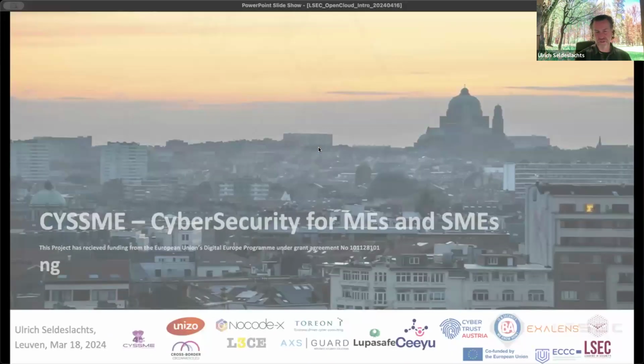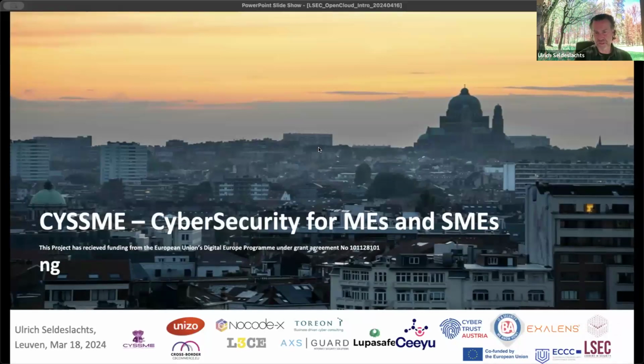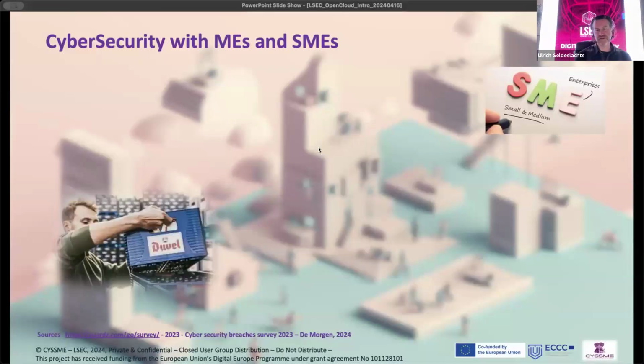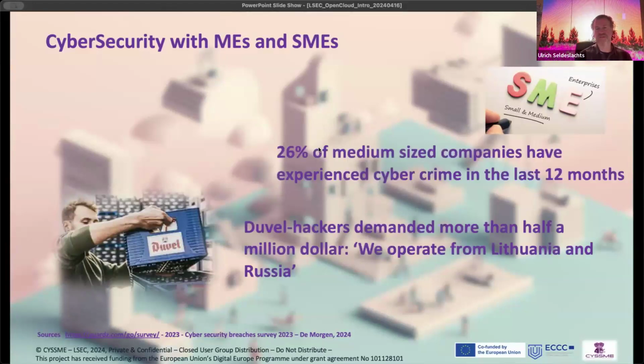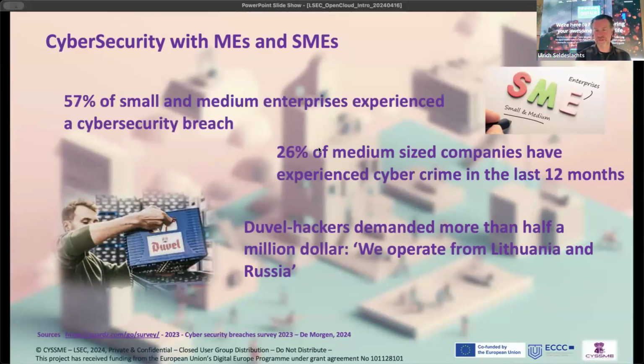Our latest tool is called KISME. It's basically a program to support cybersecurity with micro enterprises and small and medium-sized enterprises, really to support the transition towards better security. That is definitely also the case for companies who are working with open cloud technologies and are trying to understand the better perspective of their potential vulnerabilities.